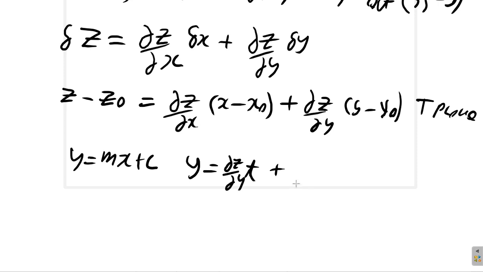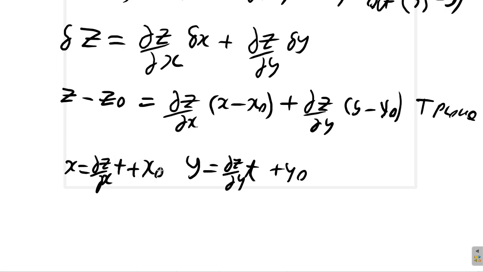Plus y naught. At the same time, we can write the x. So x is going to be delta z by delta x times t plus x naught.